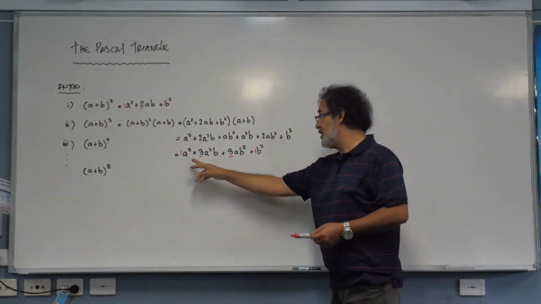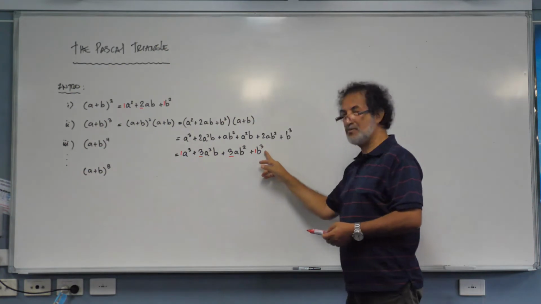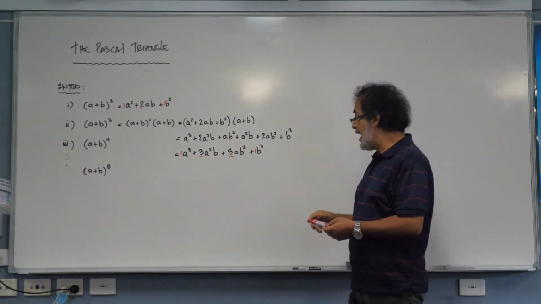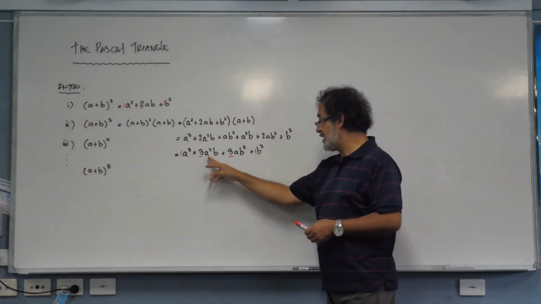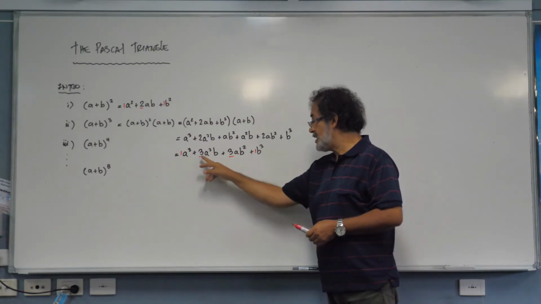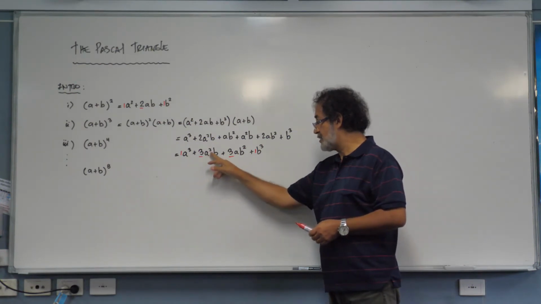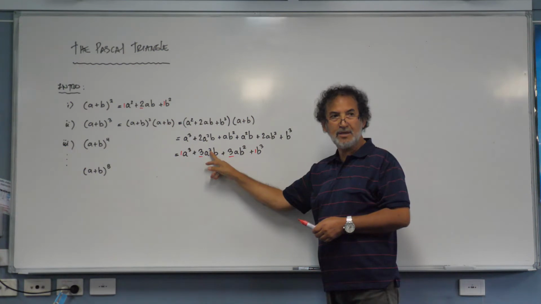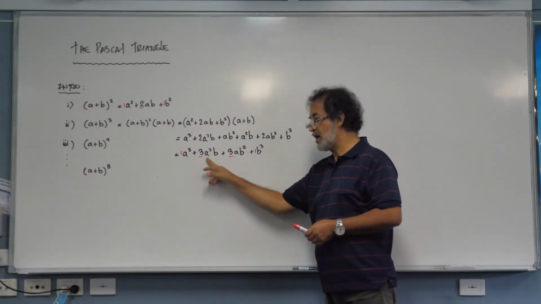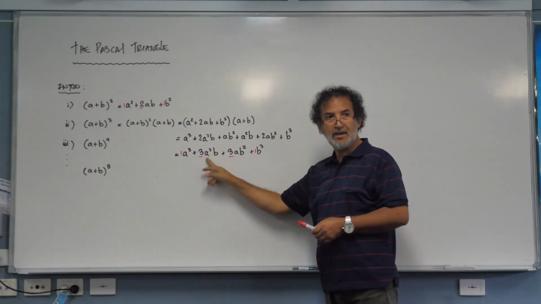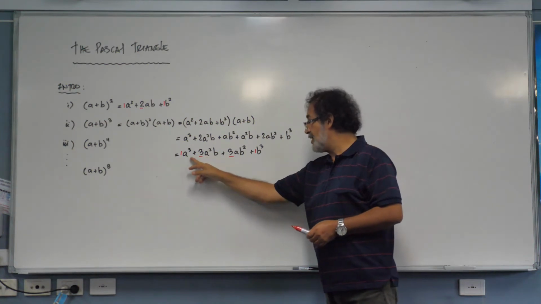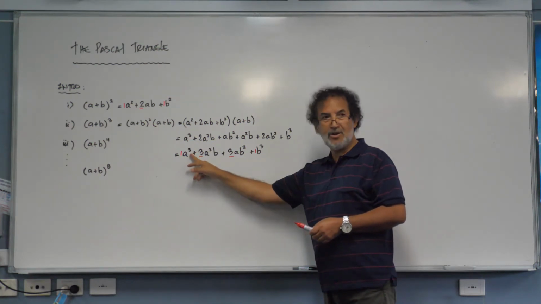So we start with 3 and we finish with 3. Also, if you look carefully in here, the power of a has been reduced by 1. Can you see that it went from a cubed to a squared? And the power of b increased, because in reality, we have b to the power of 0.